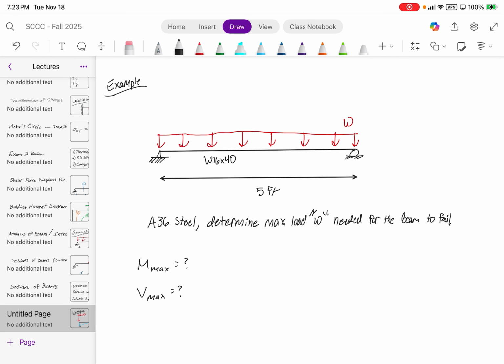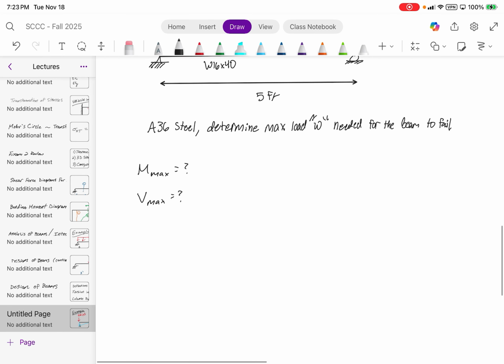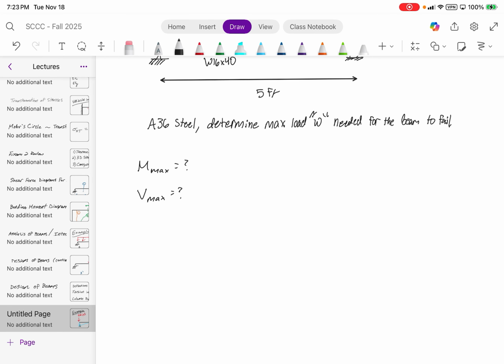But what we do know is that M max and V max are dependent on W. So, when we do our comparison checks, we usually determine the minimum size W shape that we need for the given bending moments, right? This time, we need to figure out what the bending moment is for a given capacity. How do we determine the capacity of a beam?